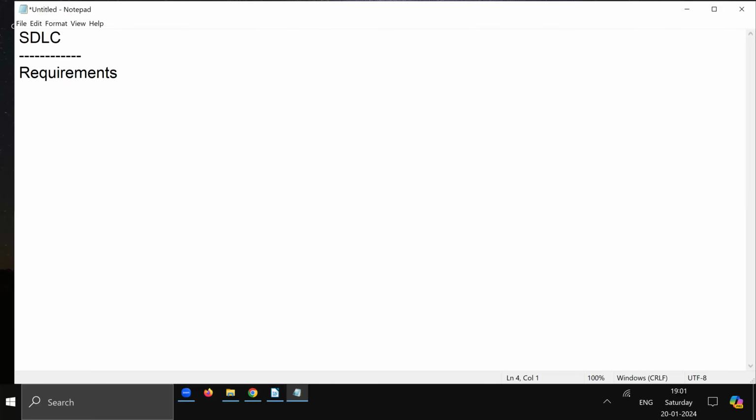And the second phase, we analyze the requirements, right? Analysis. And then design. And then code. And then test. And then deployment and maintenance.